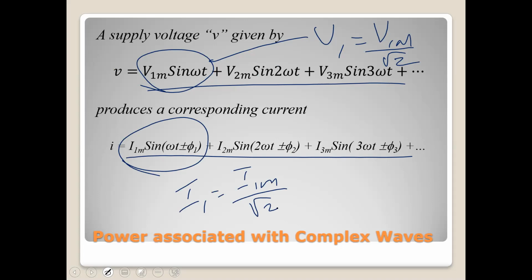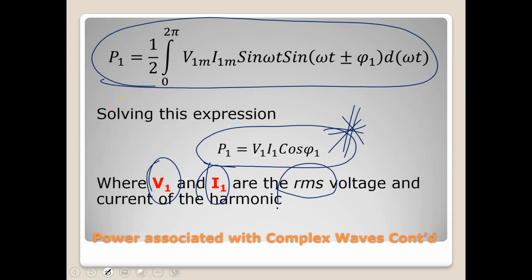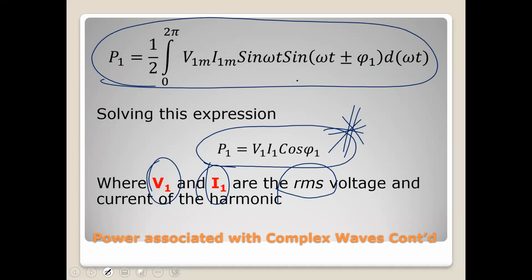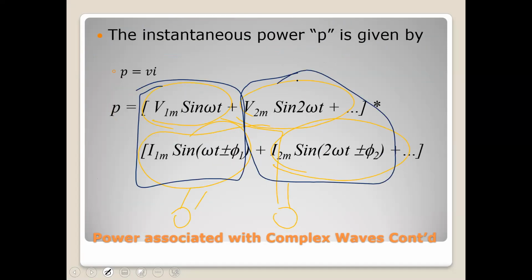And if we look at the second harmonic, we'll get a similar expression. So note the phi 2 and the phi 3 would be coming from the current expression.